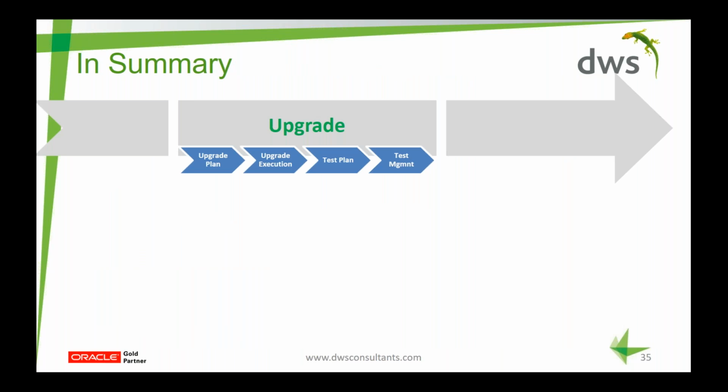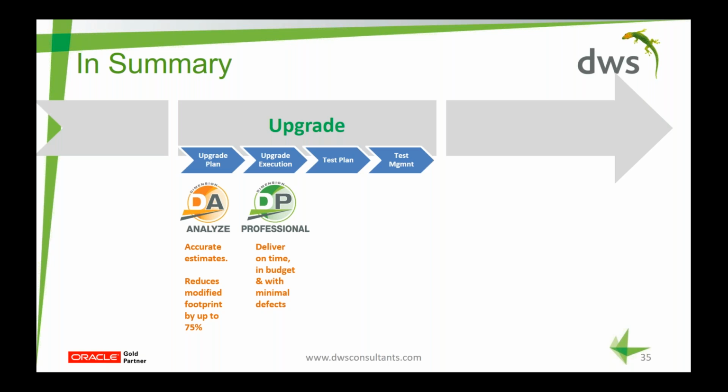So to summarize what we've covered today and in this short series of best practice webinars: in the first webinar, we showed how the DWS Dimension Analyze service is used in the planning phase for your upgrade to produce extremely accurate forecasts of the upgrade effort required, and it can reduce your modified footprint by up to 75%, thereby reducing your upgrade effort and costs.